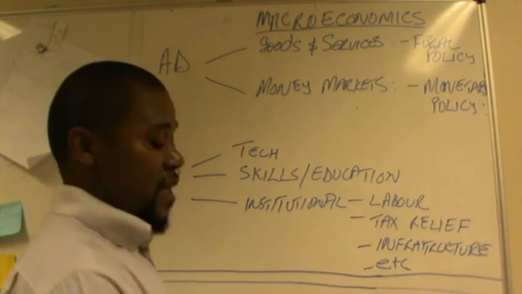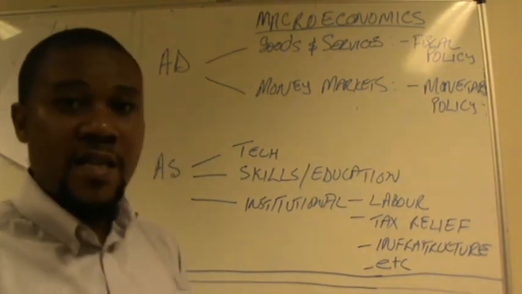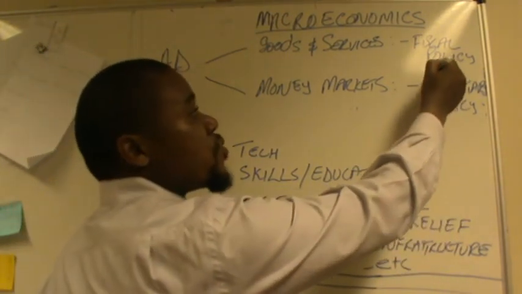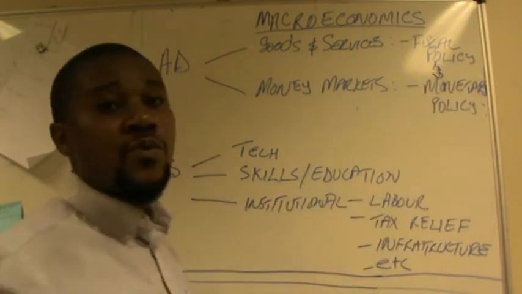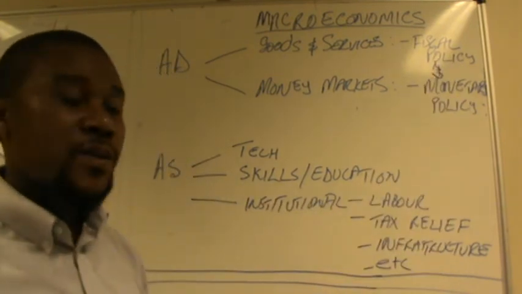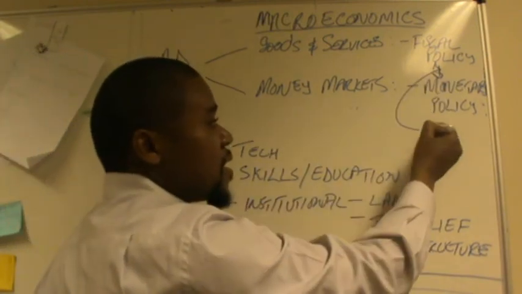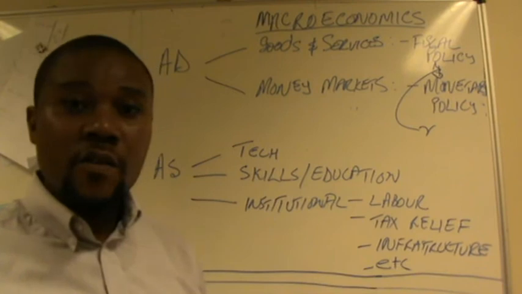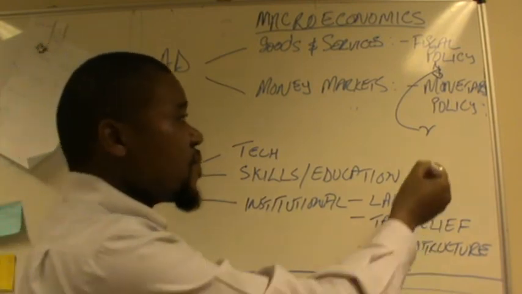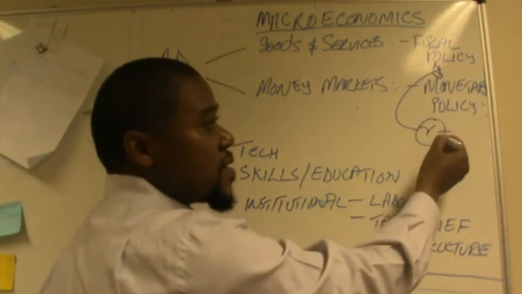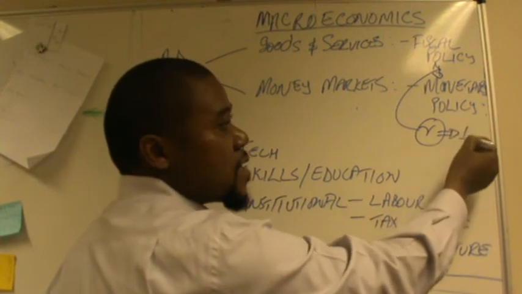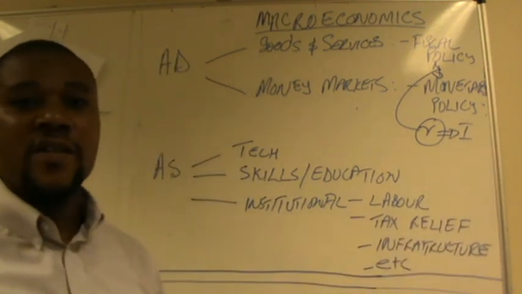But there's also a link between these two sides of the aggregate demand model. And that link really is through the level of interest rates, which is very related to the level of private investment.